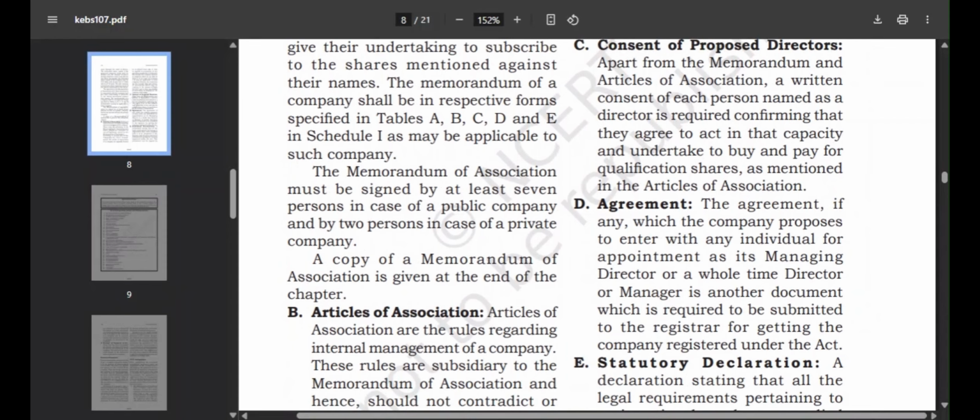Moving on, your third document is the consent of proposed directors. The promoters have to decide what directors have to be put forward.